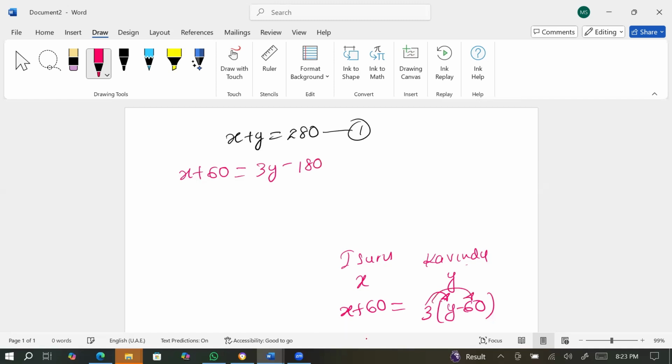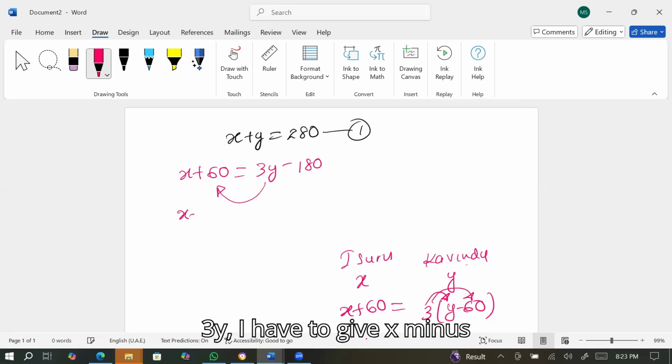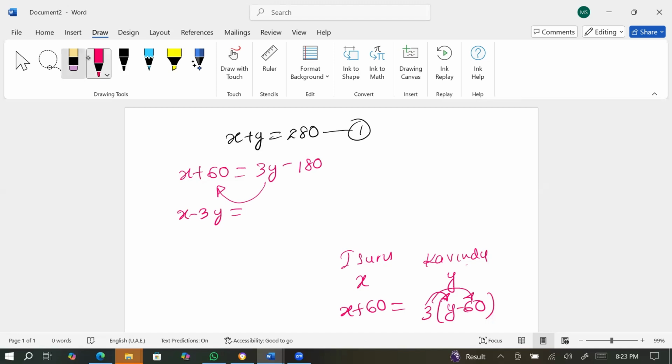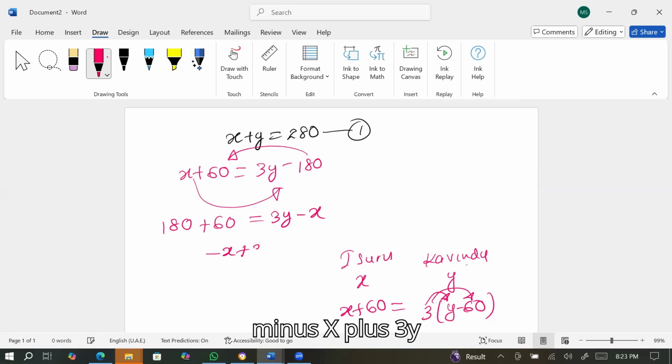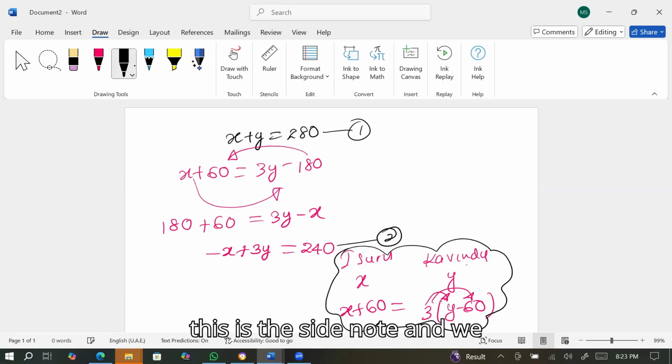Then bring 3y over and move x to the other side: 180 plus 60. So minus x plus 3y equals 240. This is the second equation.